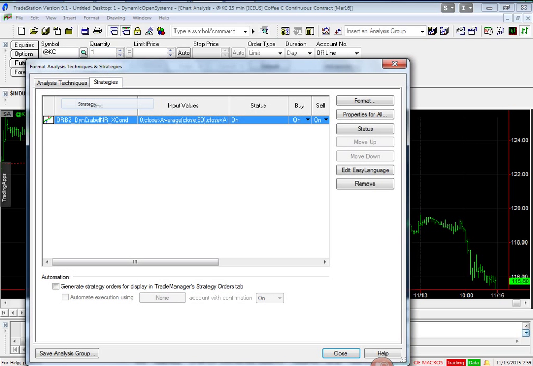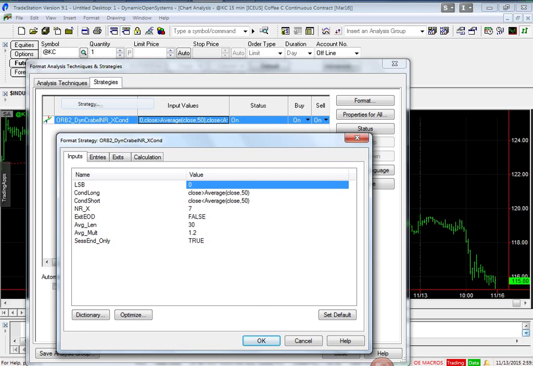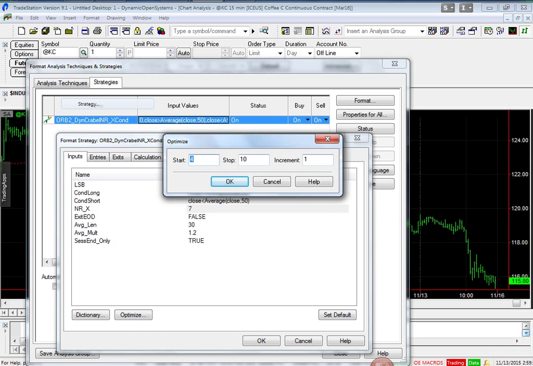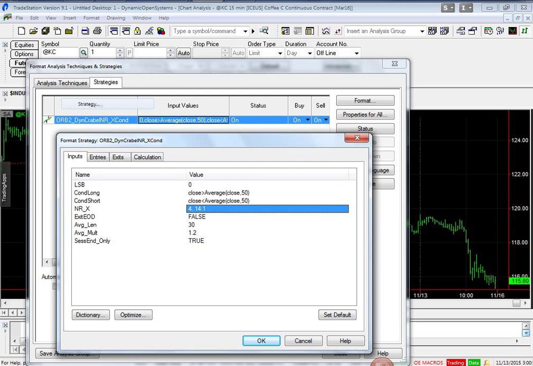Now, the NR pattern is something that we can actually optimize if we'd like. So we're going to optimize from 4 to 14 in steps of 1. So this is the narrowest range day. So we're going to say I'm only going to buy when I have the narrowest range day in the last 4 all the way to the last 14 days.